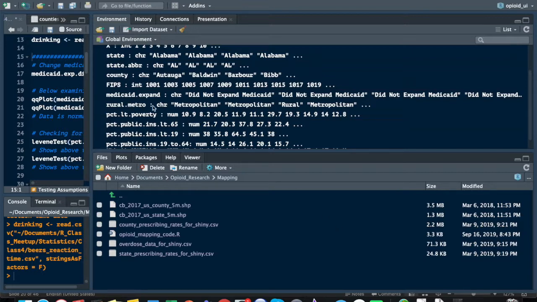So when I open this up, I am going to look at whether a county has Medicaid expansion or does not have Medicaid expansion in the Affordable Care Act that was passed several years ago. So this is the variable we're going to use for a t-test.